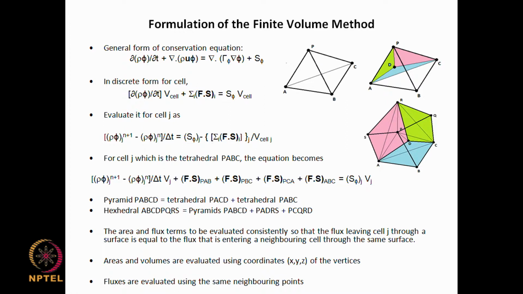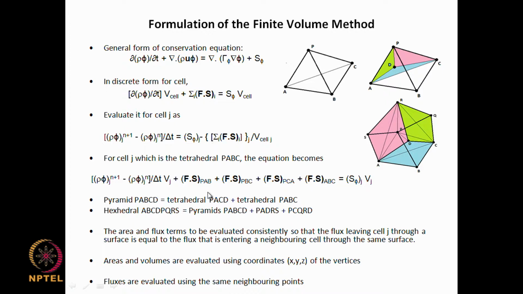Okay, consistency in the sense that if more is going into the neighboring cell than what this cell is giving, then where is that extra flux coming from? You will have spurious fluxes which are not really physically true. Okay. So, those fictitious fluxes need to be avoided, and the only way to avoid that is to evaluate the fluxes in a consistent way at the discretization stage itself.